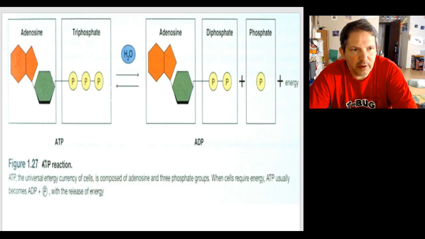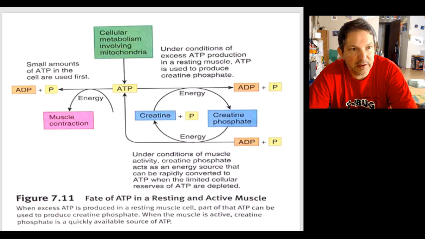So, there's our adenosine triphosphate. It cleaves to adenosine diphosphate and a phosphate molecule. We get that, right? That's the energy currency for the whole body, for every cell, for every cellular action.